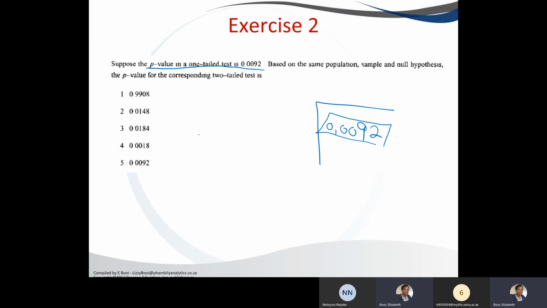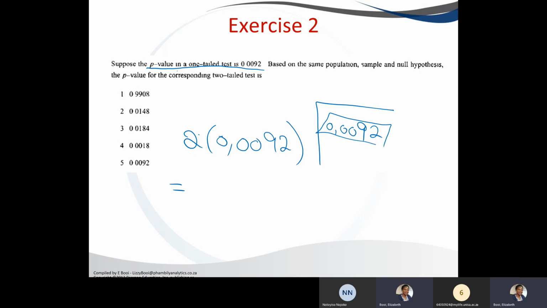So remember, for a two tail, it will be 2 times the value they found as a p-value on the one tail table. Therefore, we're going to just multiply 0.0092 by 2. Sorry, my bad. In my mind, I was using the Z instead of the p-value.